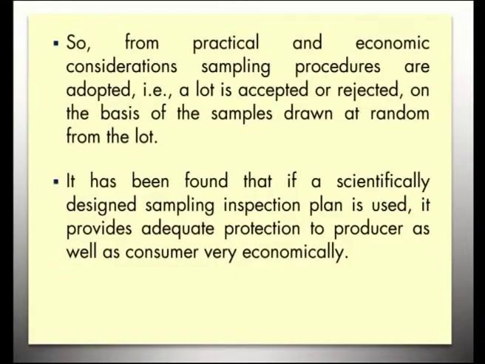So, from practical and economic considerations, sampling procedures are adopted. That is, a lot is accepted or rejected on the basis of samples drawn at random from the lot. It has been found that if a scientifically designed sampling inspection plan is used, it provides adequate protection to producer as well as consumer very economically.